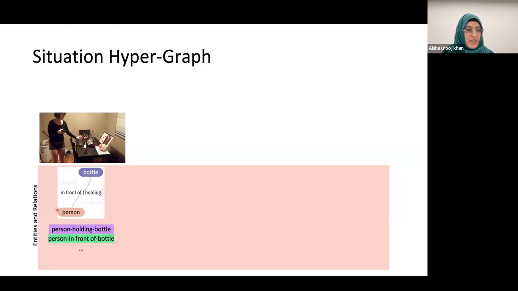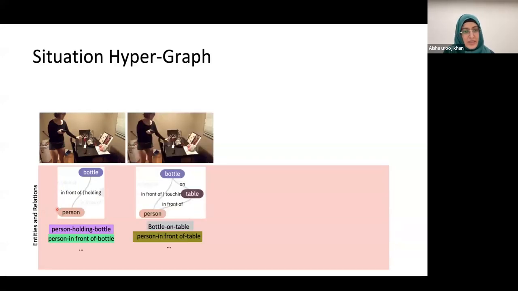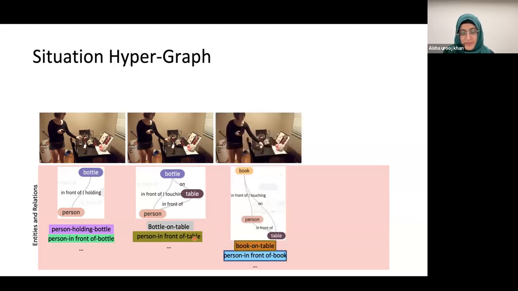So let's say for this frame, the situation was person in front of bottle, person holding bottle. So we have different entities and different relations between these entities. Then in the next frame, the relations change, more entities may be added and some entities may be removed from the next situation. So here, person, bottle on table, person in front of table, and so on.